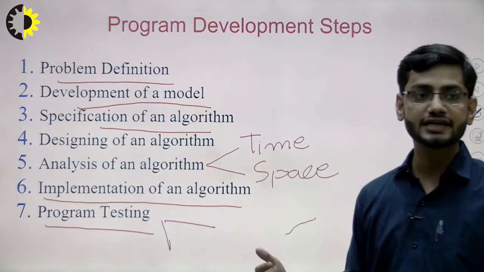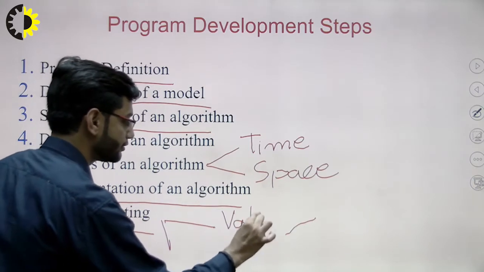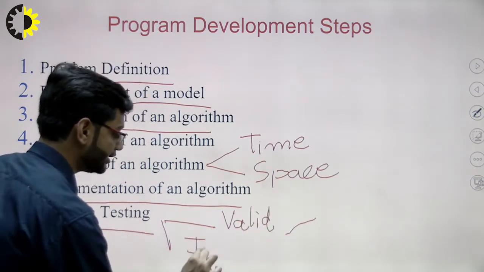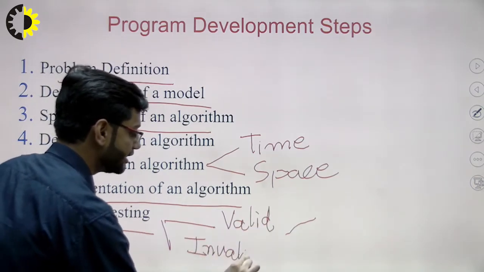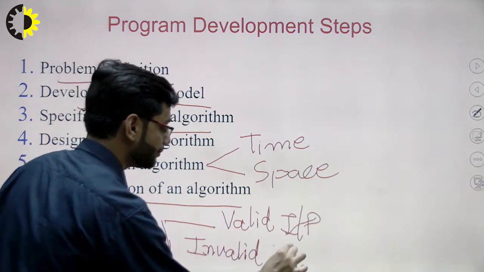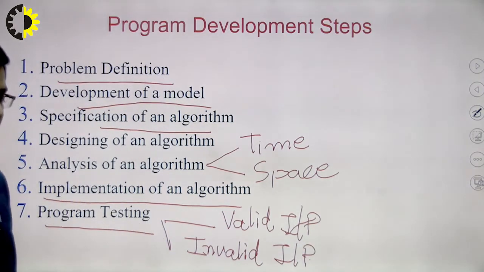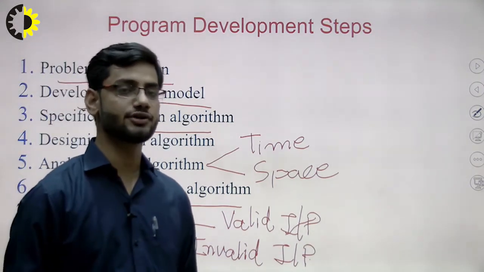What are the both cases? The both cases are valid inputs and invalid inputs. You will cross check your algorithm for both inputs, valid and invalid. For example, you have designed an algorithm for detection of a prime number.